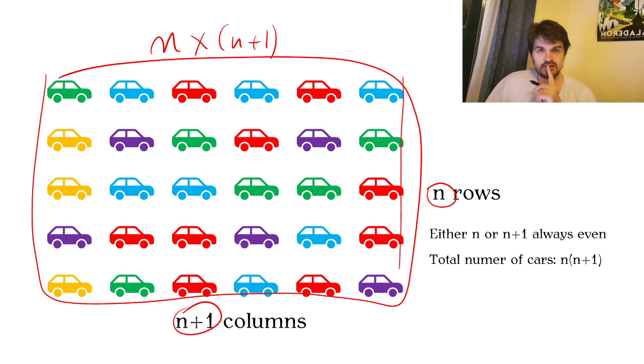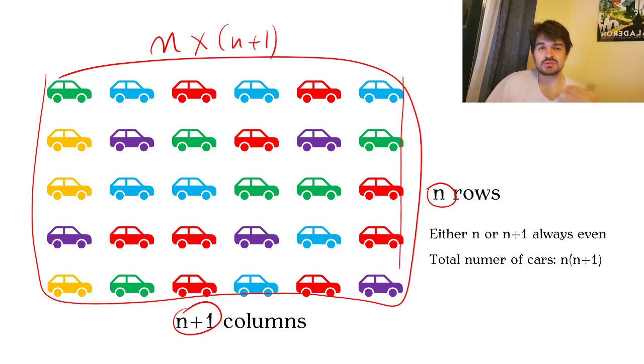And notice that this is a product of two numbers, and one of those numbers is an even number, right? And we know that if we multiply something divisible by a given number by something else, then the divisibility doesn't go away, because we're just adding new prime factors, but we are not taking any away. So if n was divisible by 2 and we multiply by n plus 1, then it will still be divisible by 2.